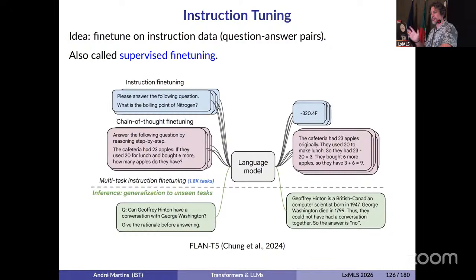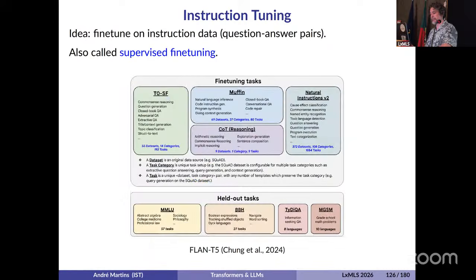The idea is to provide as diverse tasks as you can during fine-tuning, so that the model learns how to play with the format of these tasks more than anything else. One successful paper that shows how to do this is FLAN T5.